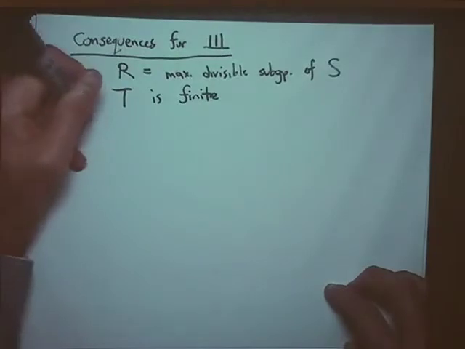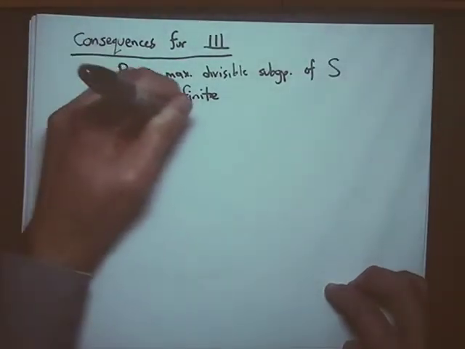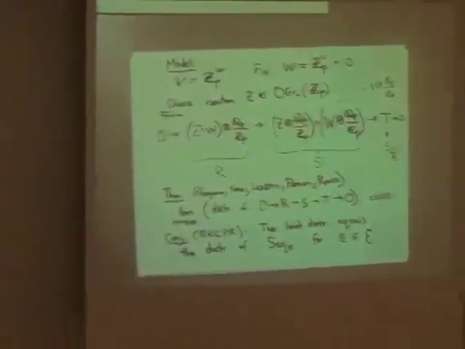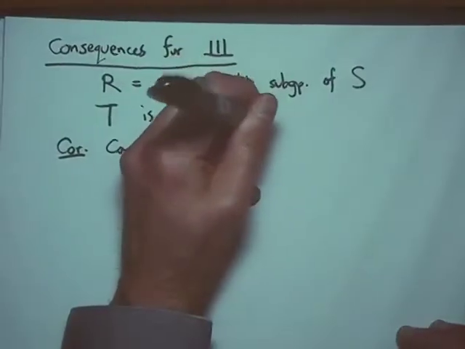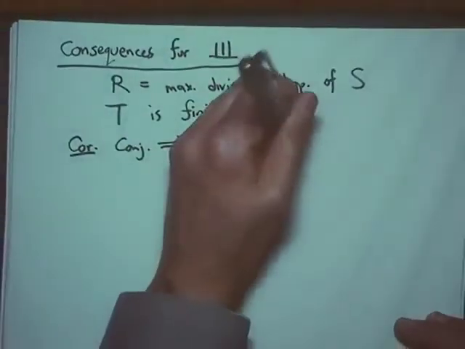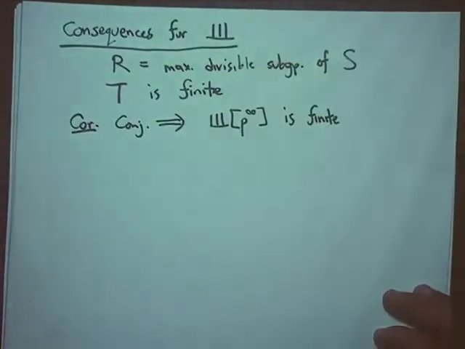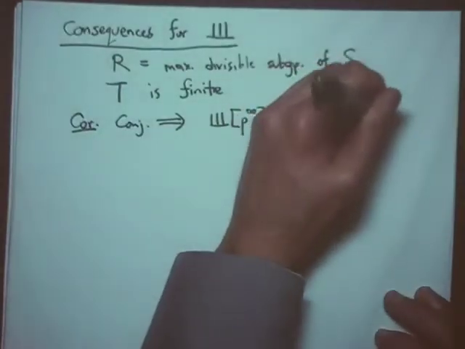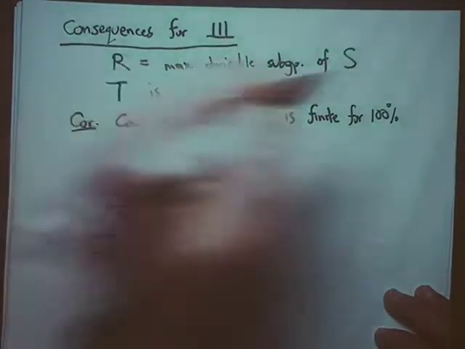So as a corollary, the conjecture that this sequence actually models elliptic curves will tell you that the thing T is modeling, which was the P to the infinity Selmer group of the elliptic curve, is going to be finite. Well, not for all elliptic curves, but at least for 100% of them. So for 100% of E's.